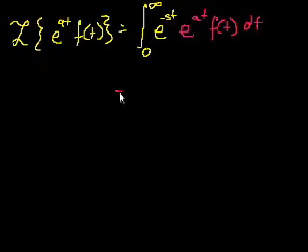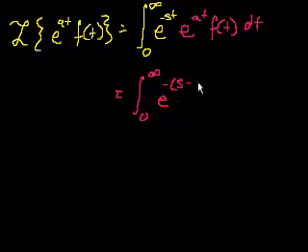So this is equal to the integral from 0 to infinity, and I could write it as minus s plus a, but I'm going to write it as e to the minus s minus a, t. And you can expand this out, right? It becomes minus s plus a, which is exactly what we have here, times f of t dt.